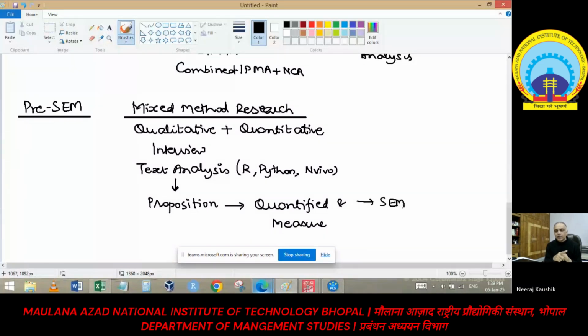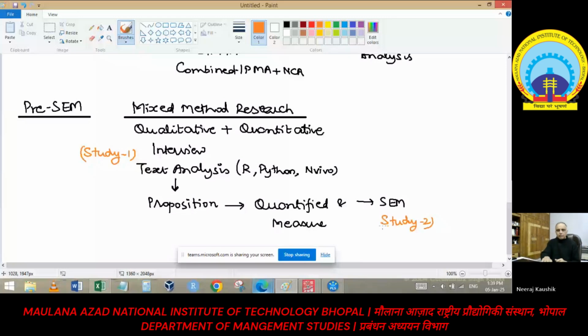This becomes mixed method, study 1, study 2. Compulsorily, this is study number 1, and the results of the study will be used in the second one. This will be study number 2.